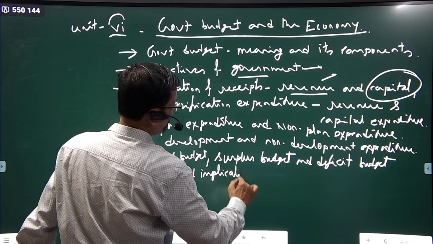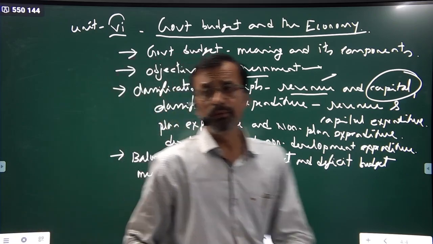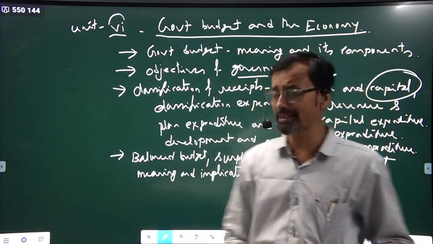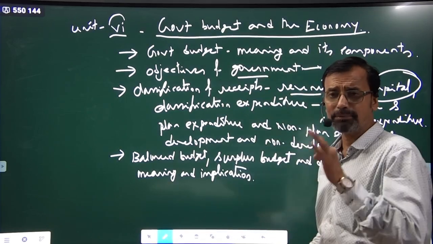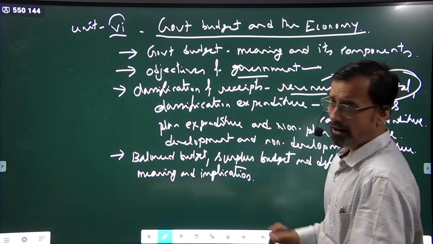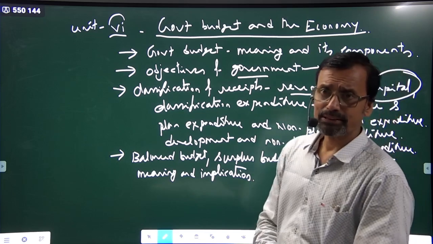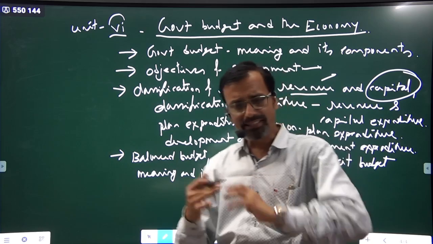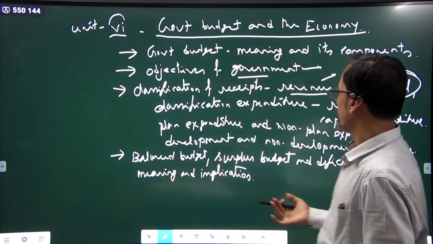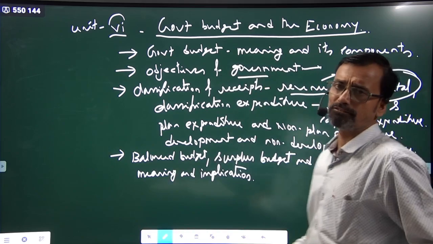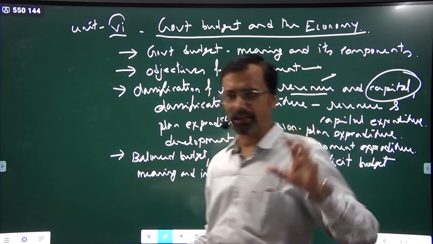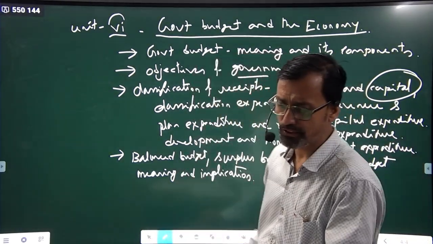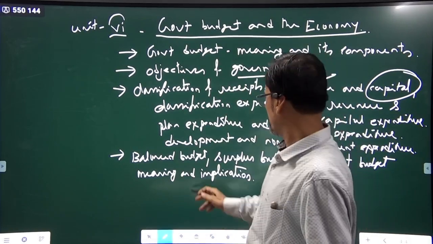Here you understand the implication, that is, how the deficit budget will impact the economy. When government practices huge deficit every year, year by year, inflation will occur. So this is the impact on the economy. When government practices deficit budget, the impact in the form of inflation comes on the entire economy. This is how we understand the implications of deficit budget.